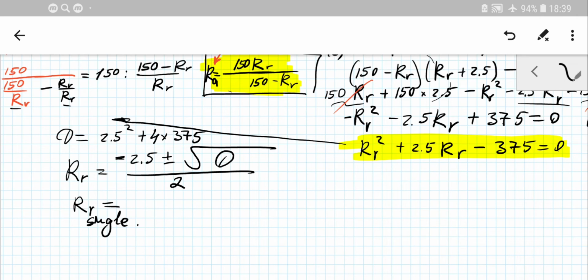So now let's calculate. Minus 2.5, then plus the square root of the discriminant, which is again 2.5 squared, and then plus 4 times 375, it's here. And now everything is divided by 2.